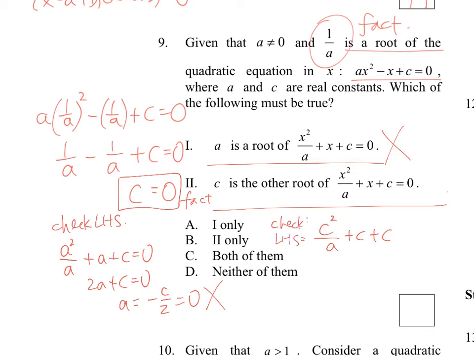The left hand side equals c squared over a plus c plus c. But c is 0. It satisfies the right hand side condition. So because left hand side equals right hand side, statement 2 is correct. The answer is B.